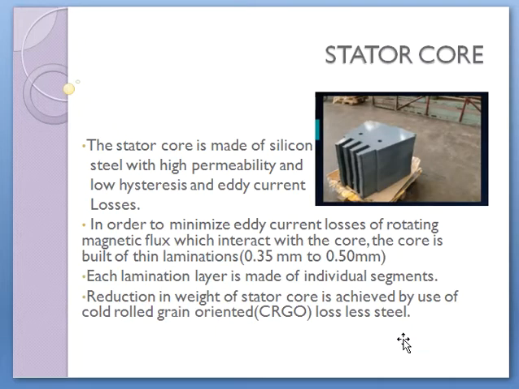The stator core is made of silicon steel with high permeability and low hysteresis and eddy current losses. In order to minimize the eddy current losses of the rotating magnetic flux which interacts with the core, it is built of thin laminations of about 0.35 millimeters to 0.5 millimeters.